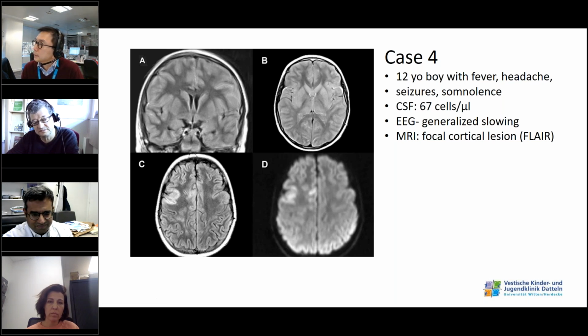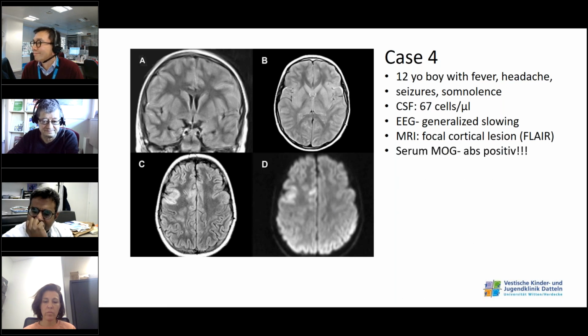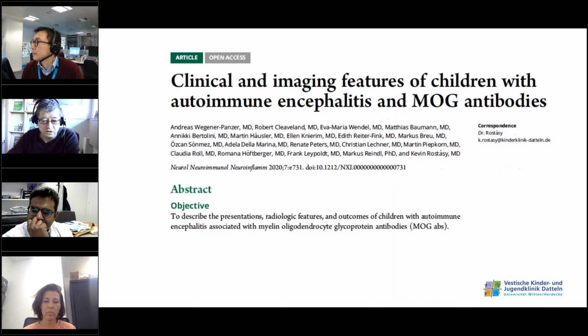The nice thing is they respond very nicely to steroids, and the majority of these patients with MOG encephalitis do not seem to have a relapsing disease, but official data are not out on this subtype. It is nicely described in this paper by Andreas Wegener-Panzer, covering the clinic and the radiology.